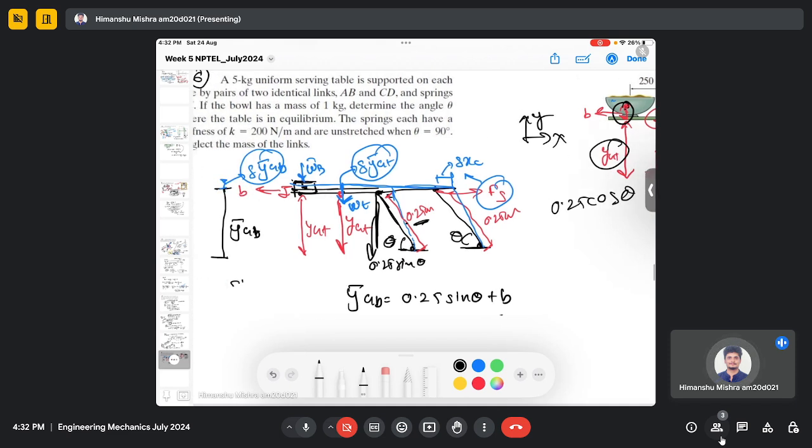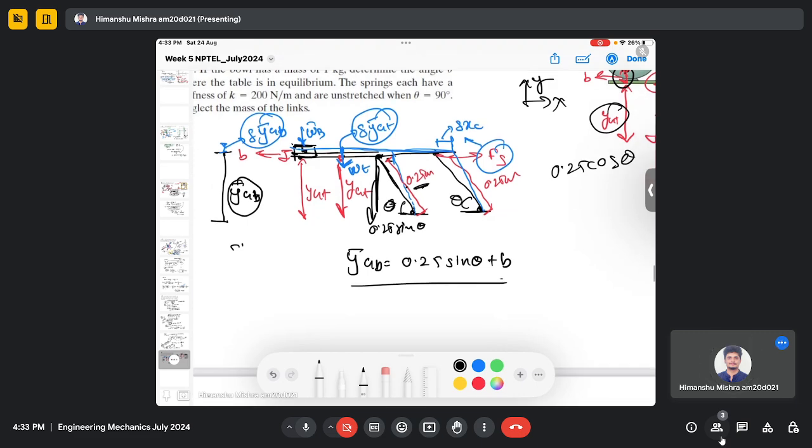And you can see when you apply the force, there will be some virtual displacement. So there is an increment in y_Gb by del y_Gb. When you differentiate this expression with respect to theta, you will get del y_Gb, which is 0.25 cos theta del theta. So this is the virtual displacement.